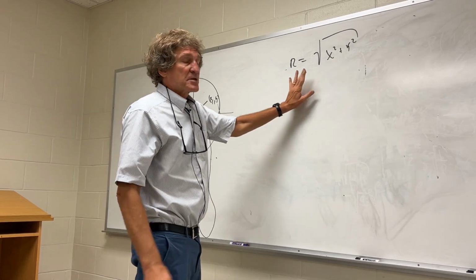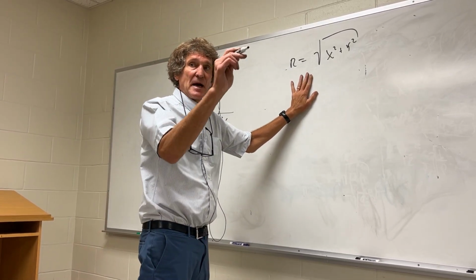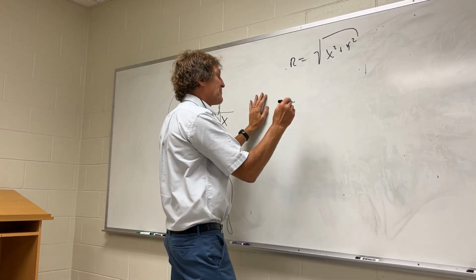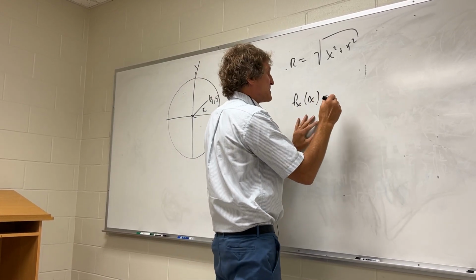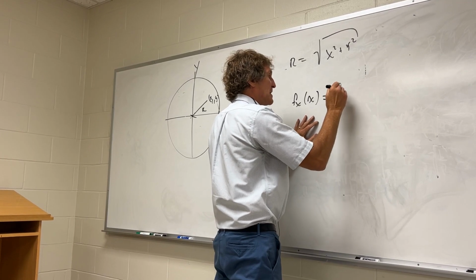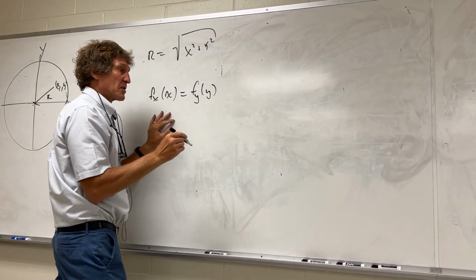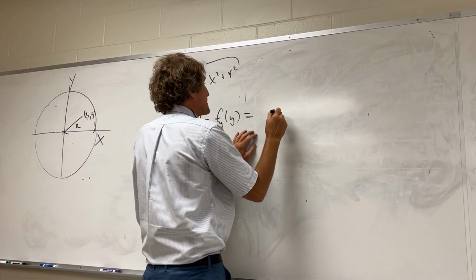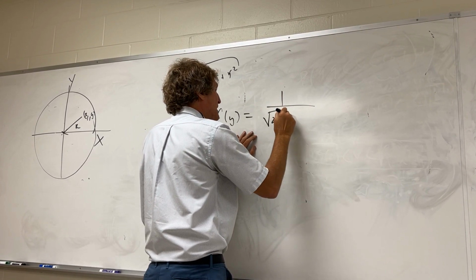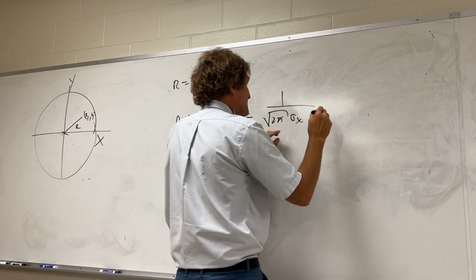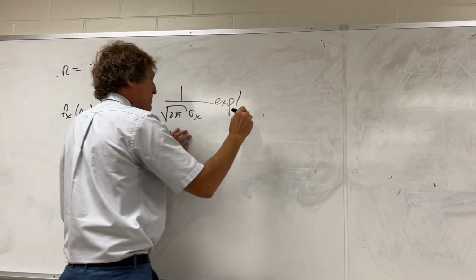So first I want to do this because it has to do with targeting. You can imagine that. If f of x is the same thing as f of y, in general, this is true for targeting, and it's equal to a distribution of 1 over the square root of 2 pi sigma, x or y, it doesn't matter, times exp of minus x squared over 2 sigma squared.